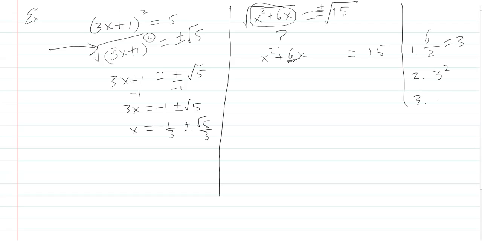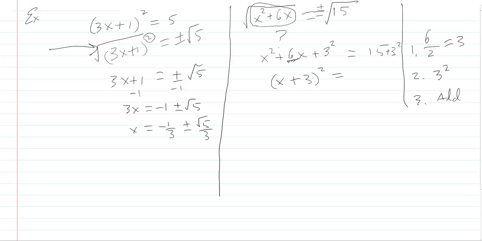I add it to both sides of this equation. So in other words, I add 3 squared, and I'll add it over here, 3 squared, to keep the equation balanced. But the beauty of this is that now this is an x plus 3 quantity squared.